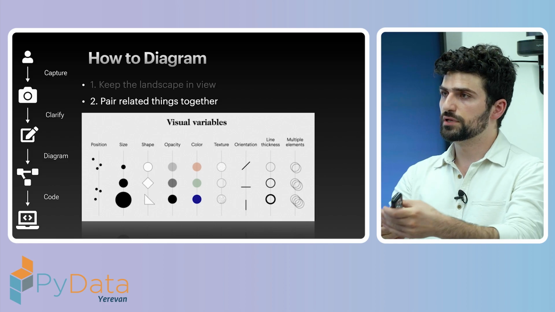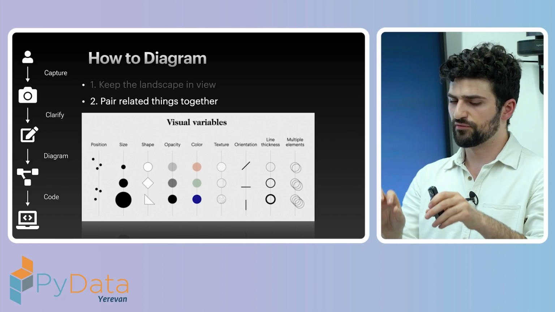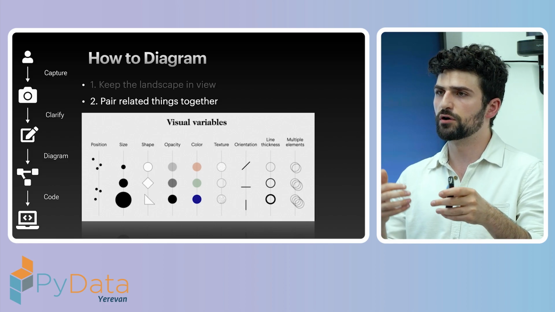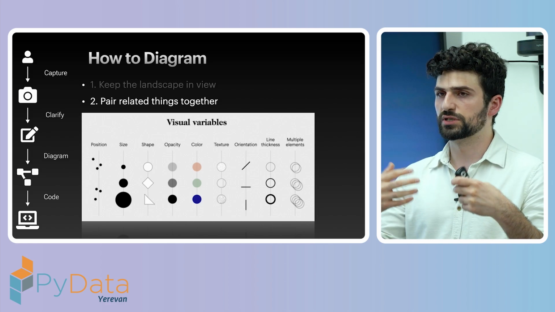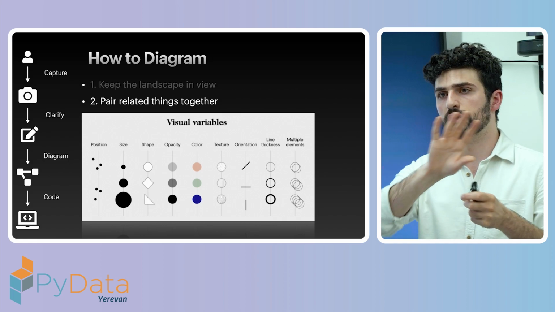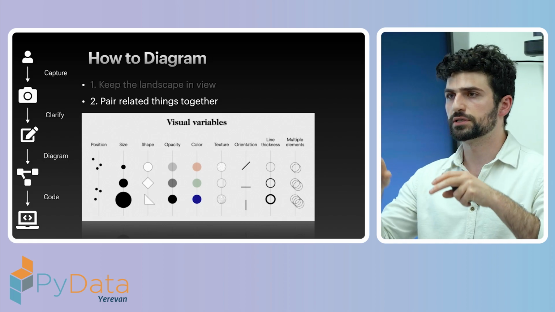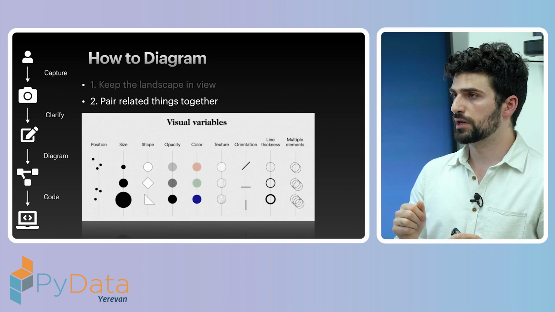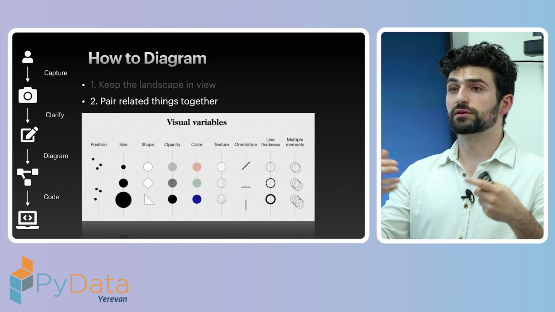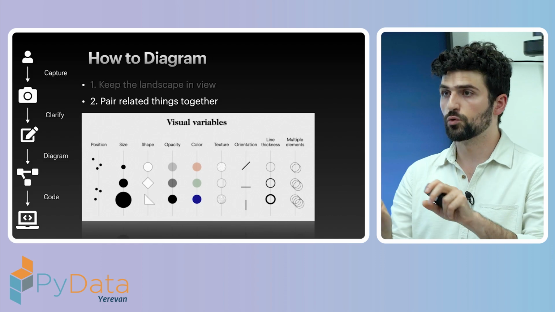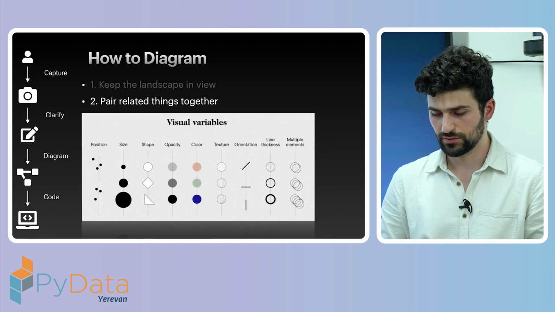I should clarify, the visual variables are more tied to the actual design of a chart itself. So the scatter chart, the bar chart, we'll see something in a minute, but it's helpful to write these things down. And if you write them down, then you can pick what you want to use to visualize.